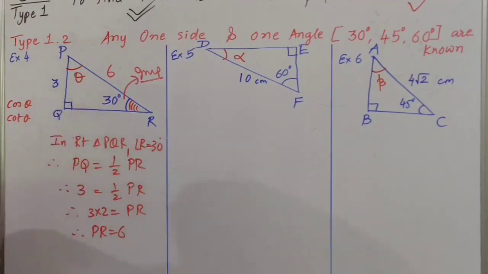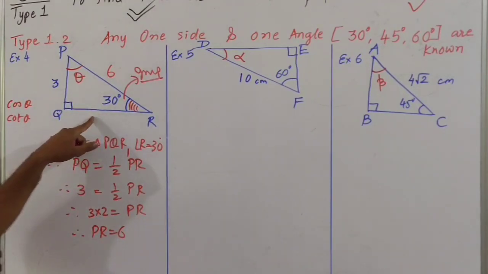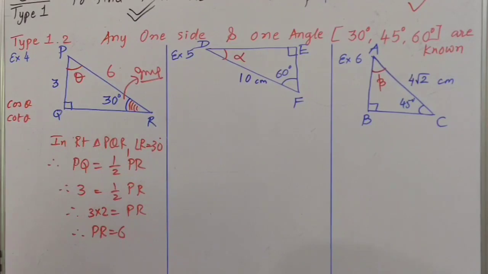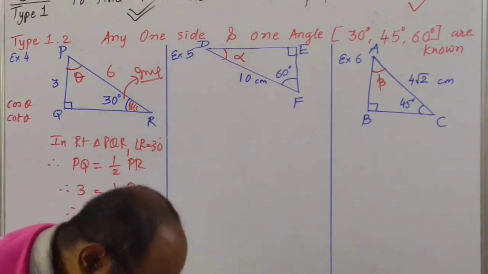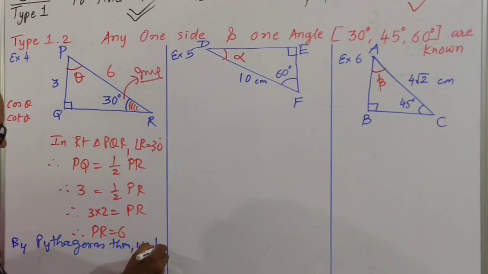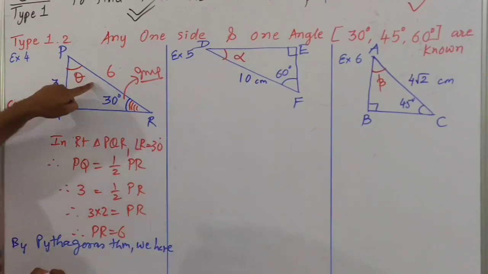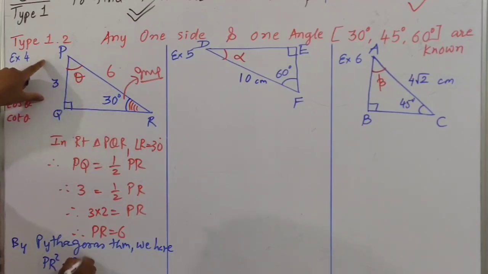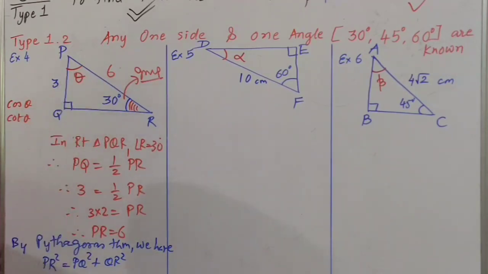Now you need the third side also. So find out QR using Pythagoras. Alright. So by Pythagoras theorem, what do we have? PR square is equal to PQ square plus QR square. PR is 6 square. PQ is 3 square plus QR square.